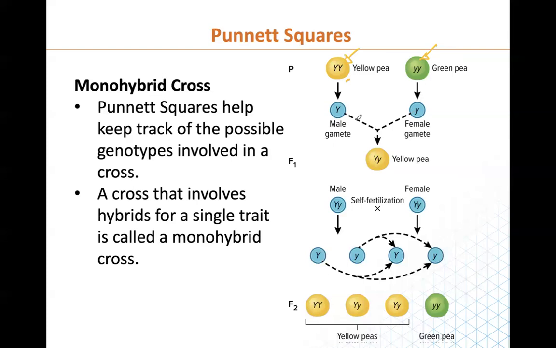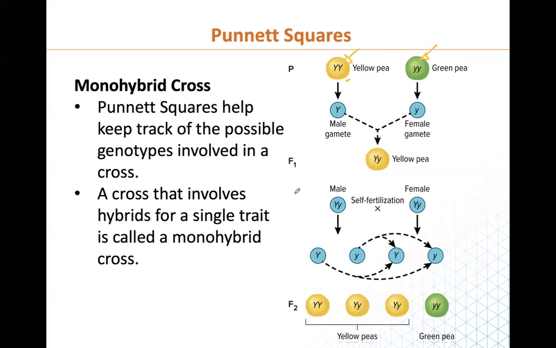So then it's going to give you a yellow pea. So a cross that helps a hybrid to form a single trait is called a monohybrid cross.